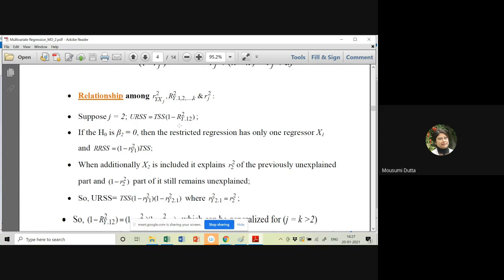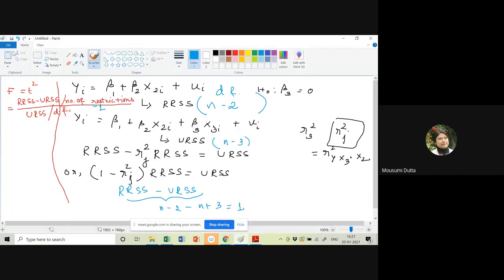In that context, we can write the URSS or RSS of the original model in this format. URSS is equal to TSS minus TSS into multiple r square y dot 1 2. Let me first explain this.